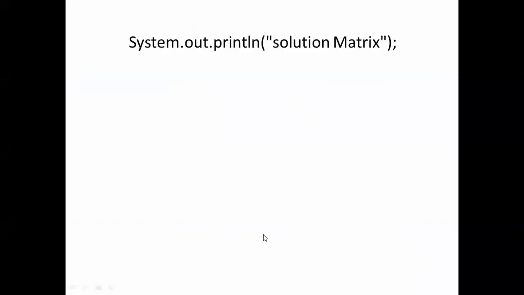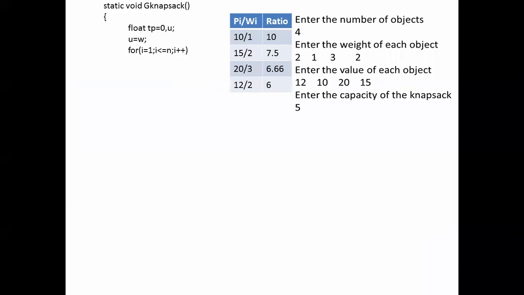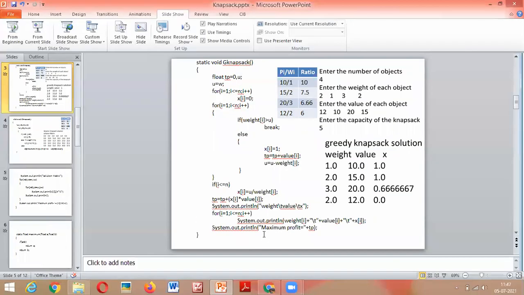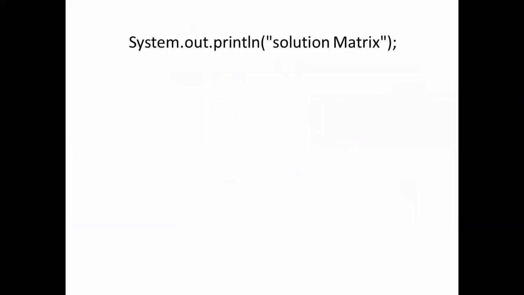In the next slide, we are going to display the content, and then we are going to display the matrix also. Okay, so System.out.println solution matrix, display the value of v.